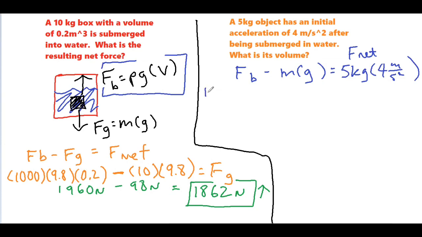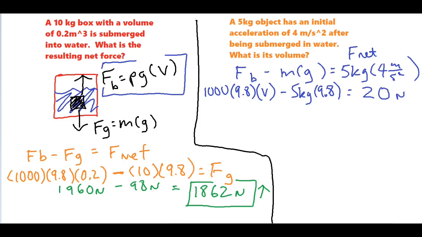We have the rho of water, 1,000, our constant 9.8, and some kind of unknown volume minus the mass, times 9.8, and this side 5 times 4 is 20 newtons.